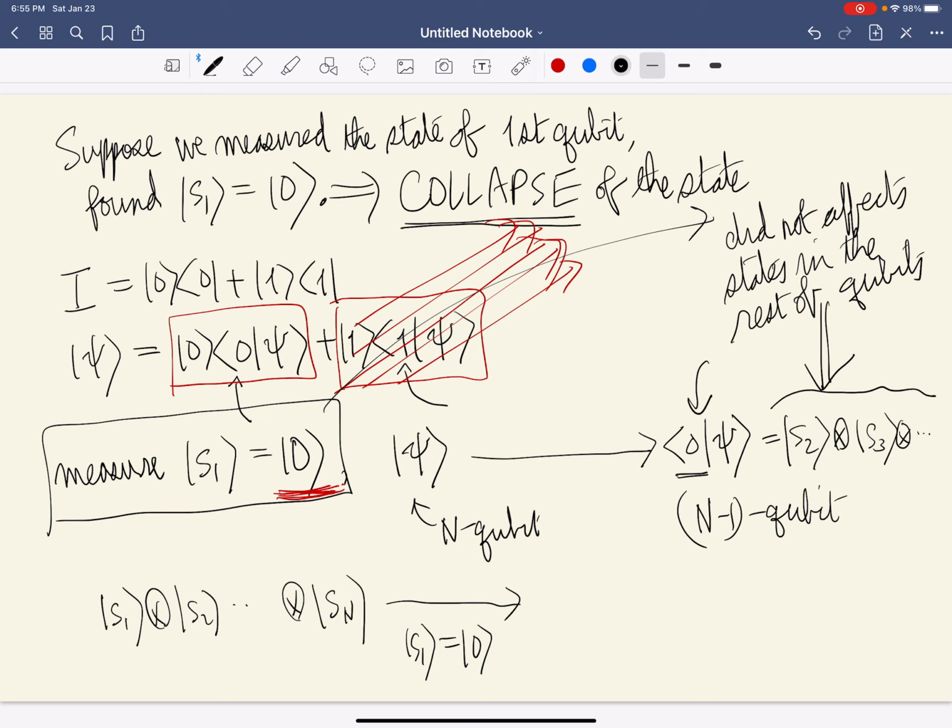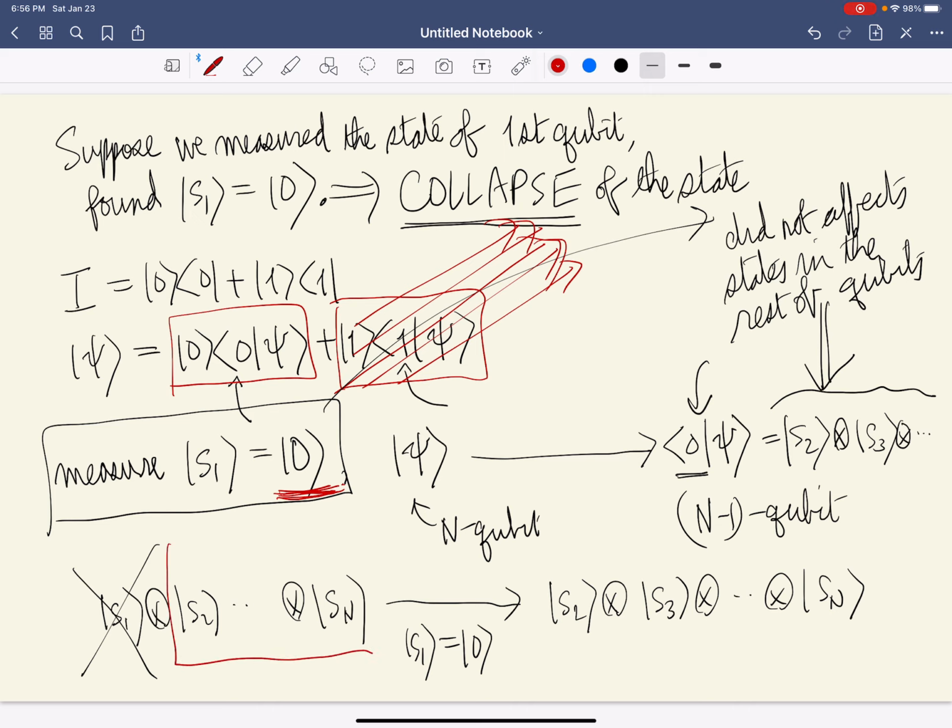Then what happens after the wave function collapse is that simply this state is gone, and what's left behind in that quantum state is just the product of the rest of the qubits. But quite obviously, the state of the qubits before the measurement and after the measurement, well, they're the same.